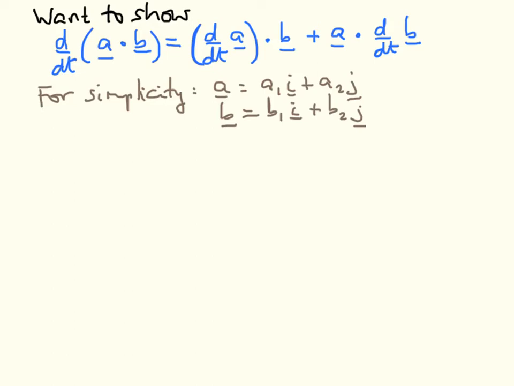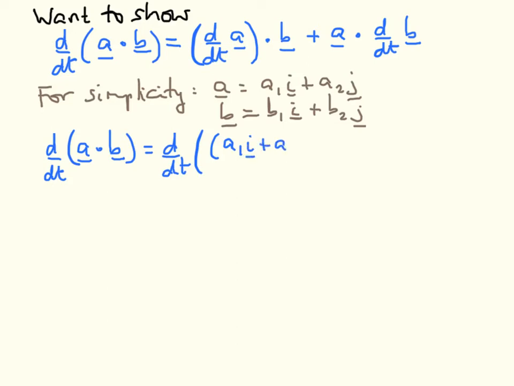So d by dt of a dot b, the scalar product of a and b, means the derivative of the scalar product of a1 i plus a2 j with b1 i plus b2 j.